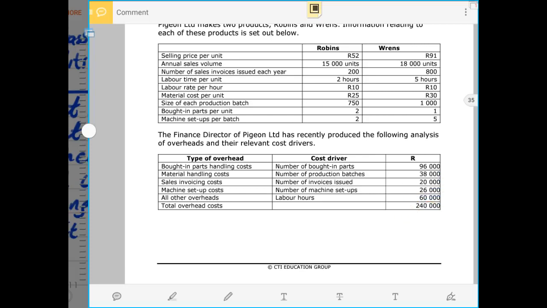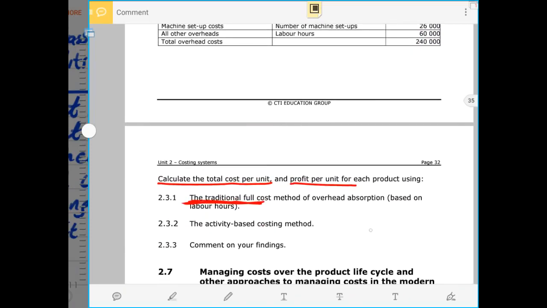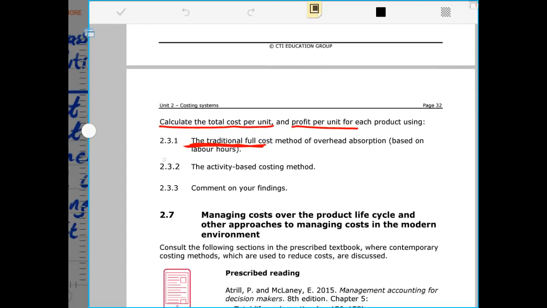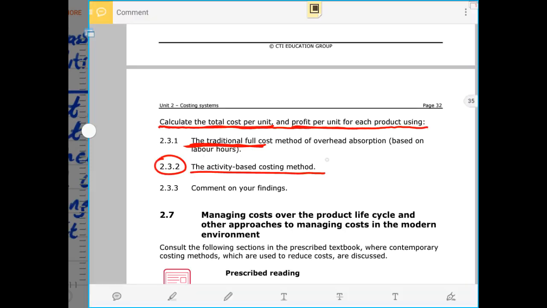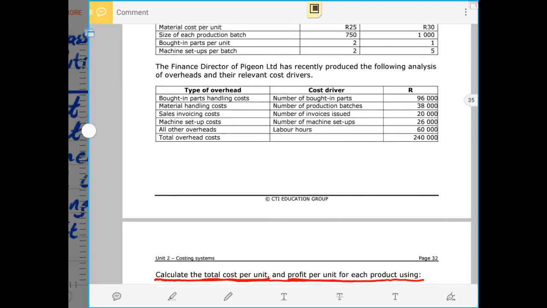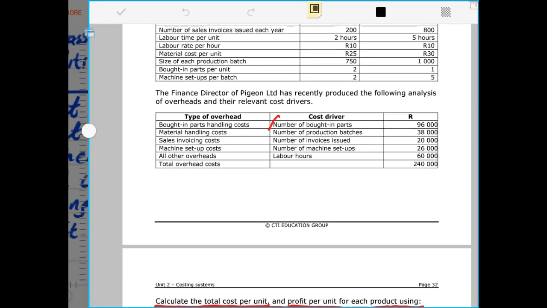Then we go straight to the second requirement, 2.3.2, where we are still required to calculate the total cost per unit and the profit per unit for each product, using the activity based costing method now. So we are using ABC, and remember, in ABC we allocate our overheads using the different bases that are given, that means using the cost drivers.